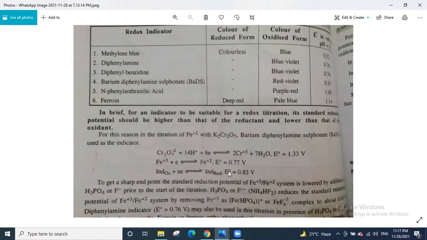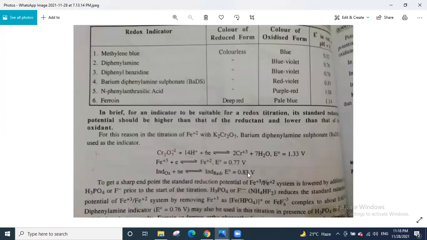For example, here we choose barium diphenylamine sulfonate, which has a redox potential value of 0.83. We can't choose 0.76 because this is lower than 0.77, which is your reductant. So the redox potential of the indicator is higher than that of your analyte.